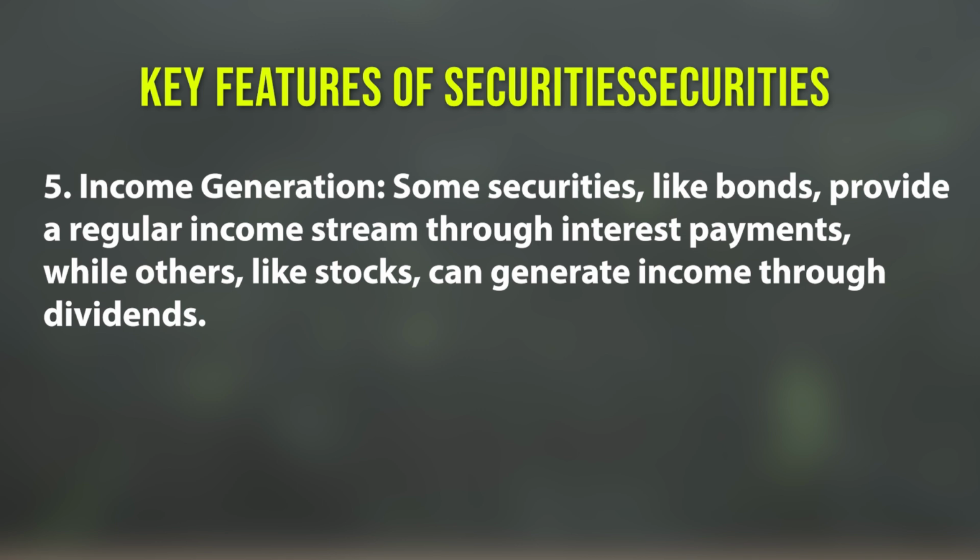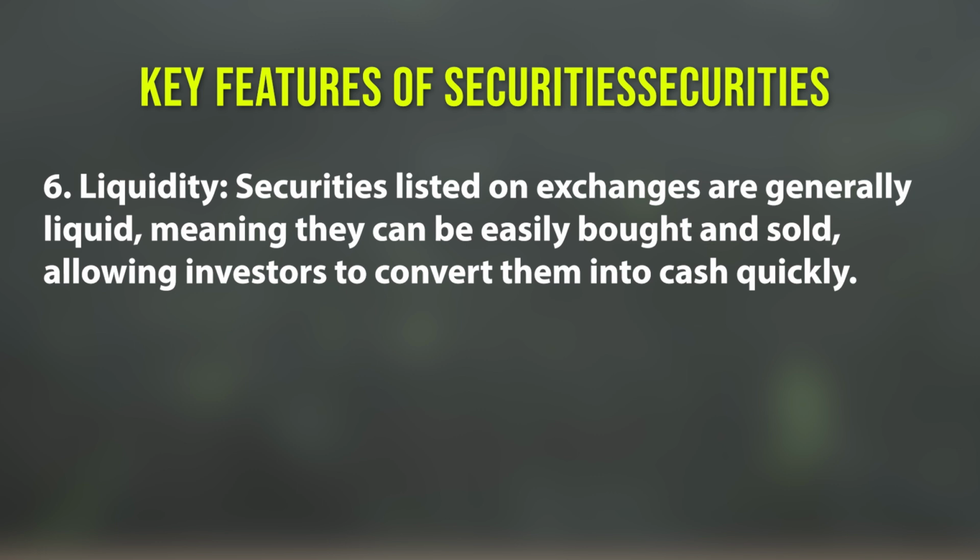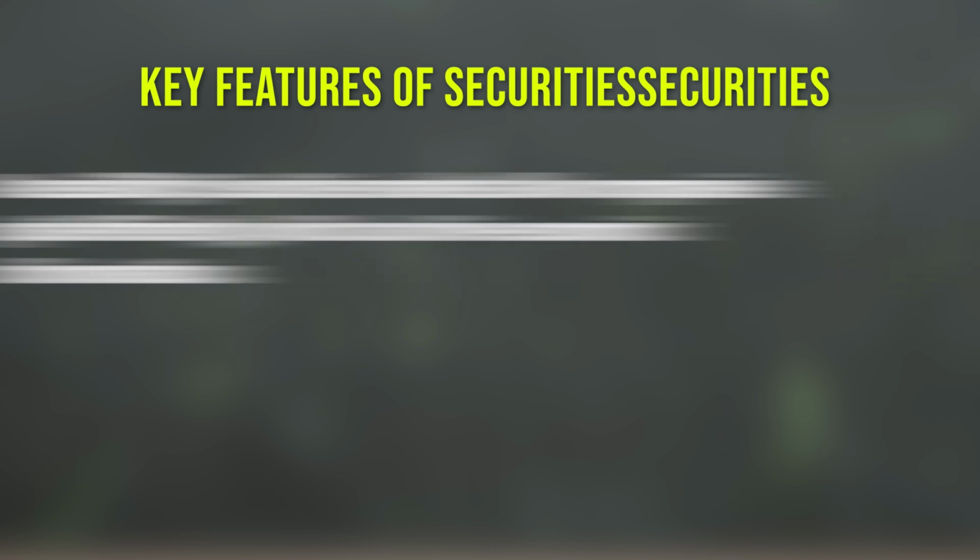Some securities like bonds provide a regular income stream through interest payments, while others like stocks can generate income through dividends. Next one, liquidity. Securities listed on exchanges are generally liquid, meaning they can be easily bought or sold, allowing investors to convert them into cash quickly.